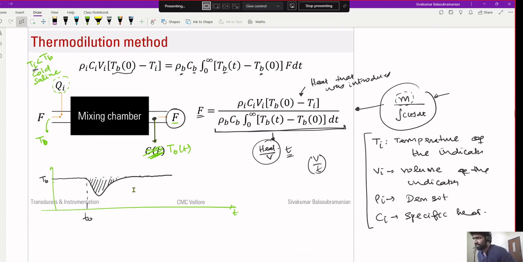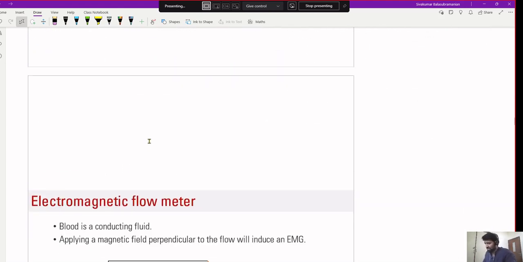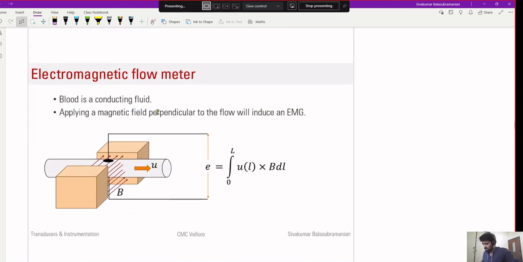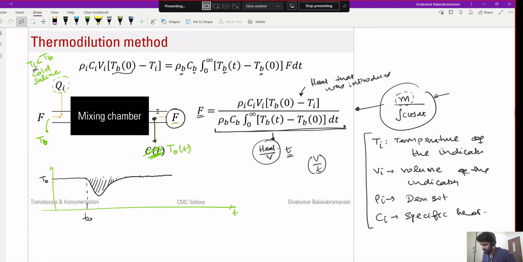Okay, so that's another way of computing or measuring cardiac output. Here we are assuming the area of the artery is constant, or that the area of the artery doesn't matter at all, as we are considering concentration.